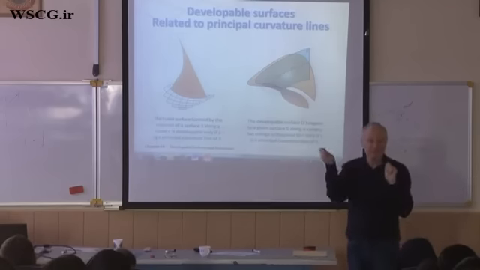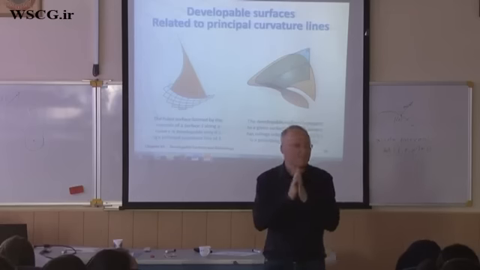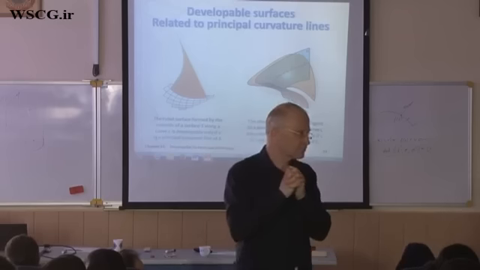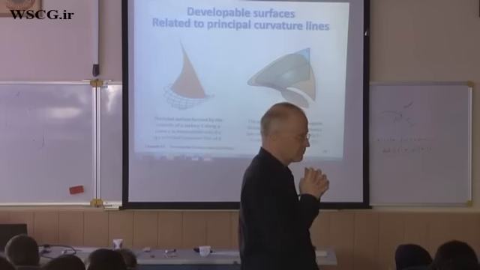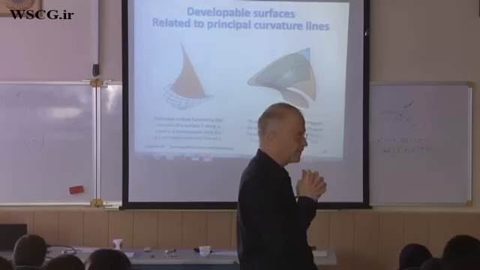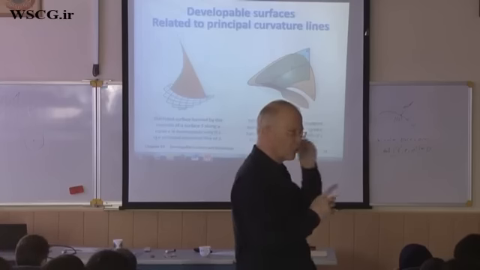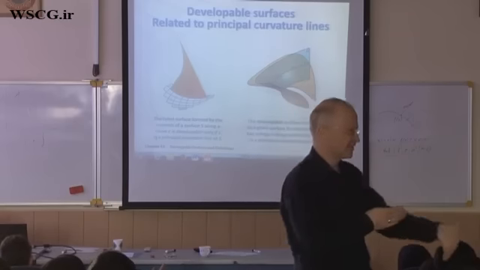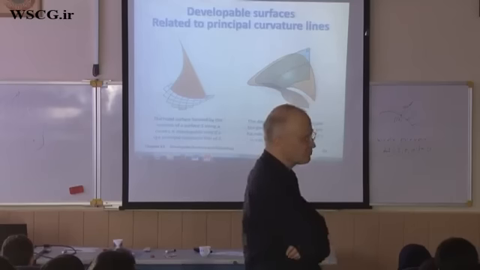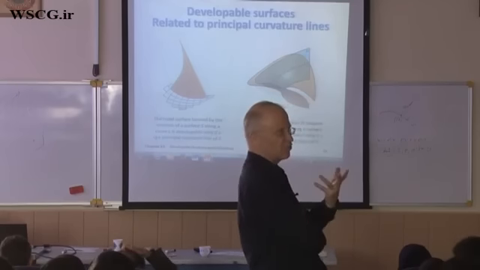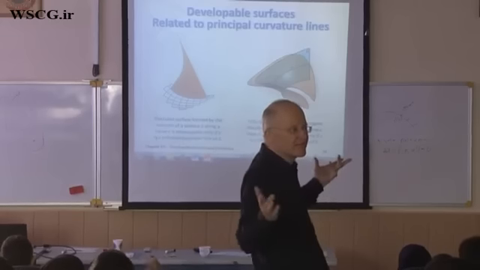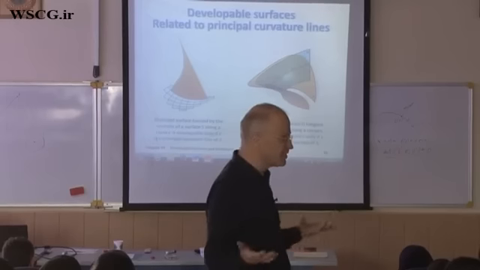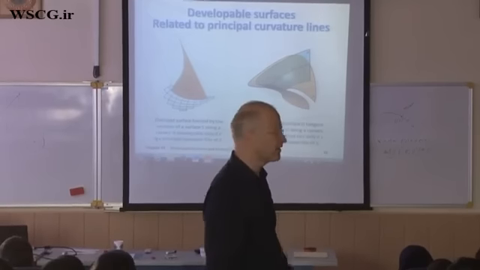So I follow the principal curvature direction here. It is only developable if you always go in the principal direction. This has nothing to do in principle with u and v, because a parametrization of a surface is not unique. There are infinitely many parametrizations, but you can prove there is a principal parametrization, at least locally, away from an umbilic.